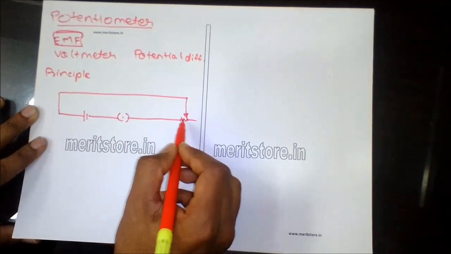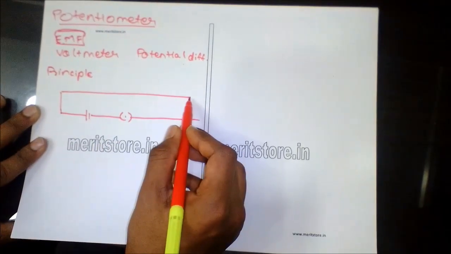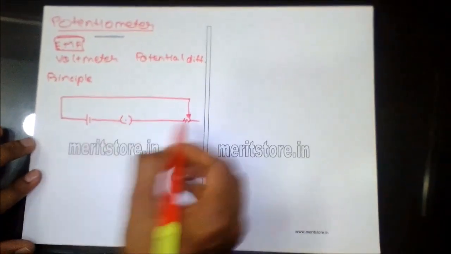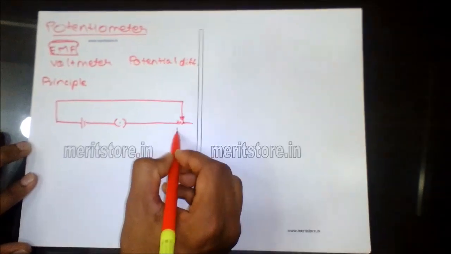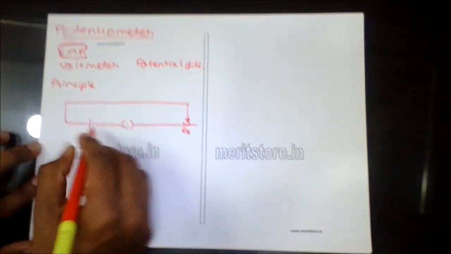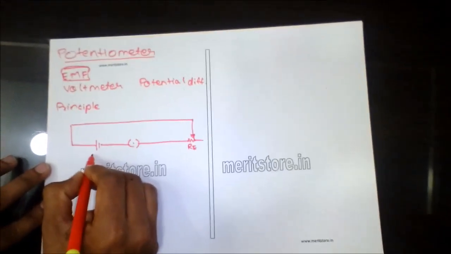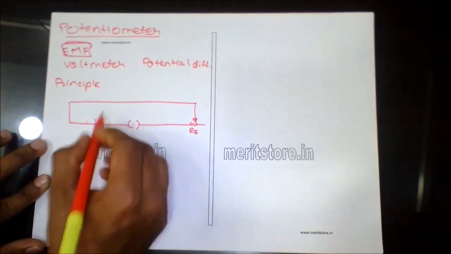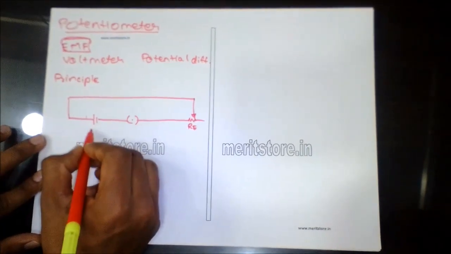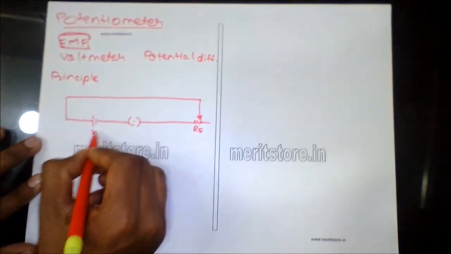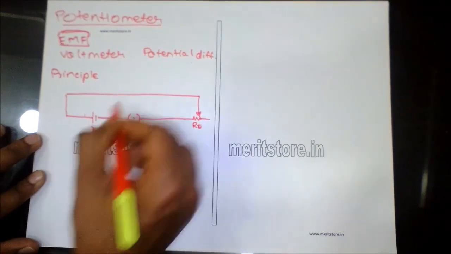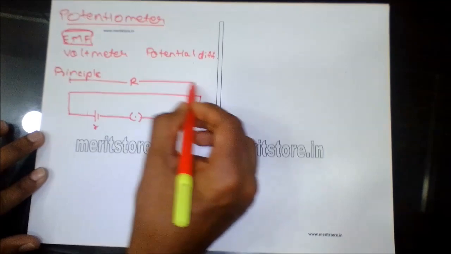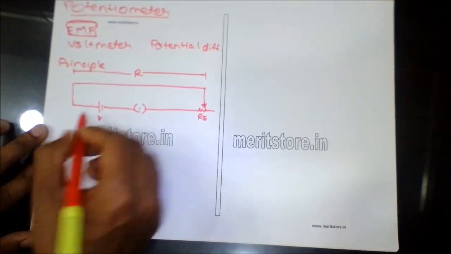The purpose of this rheostat is just to change the potential gradient, and hence there will be a small resistance of the rheostat as well. Since the potentiometer measures the EMF across the cell, all the possible resistances are taken into account: the small internal resistance r of the cell, as well as R, the total resistance of the wire.